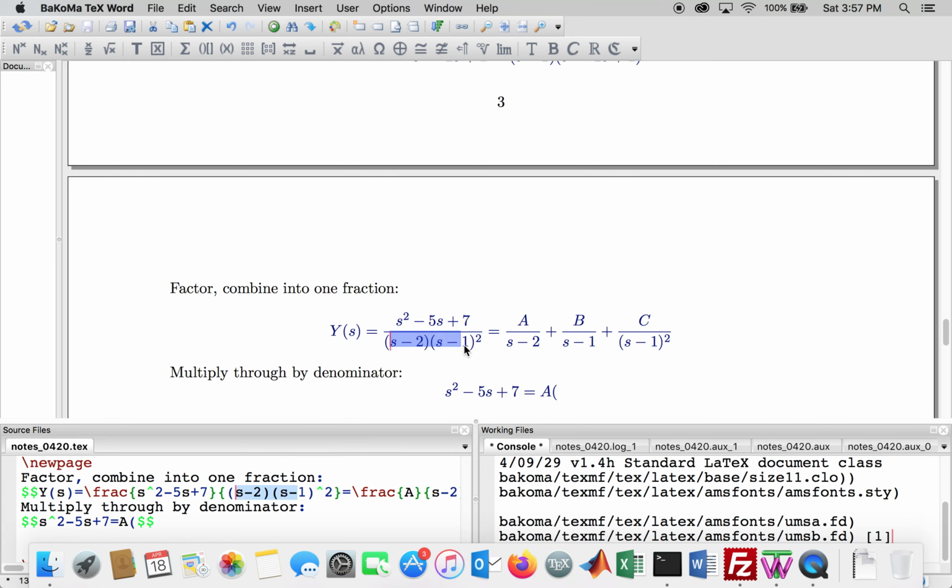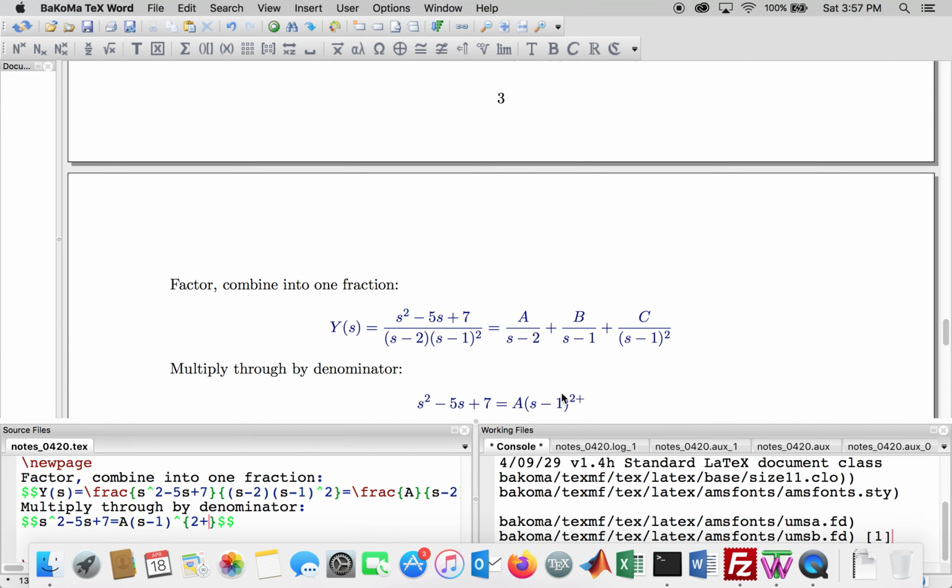So everything in the numerator that is not present down below is what stays. All right, so I have A times s minus 1 squared plus B times s minus 1 times s minus 2 plus C times s minus 2.